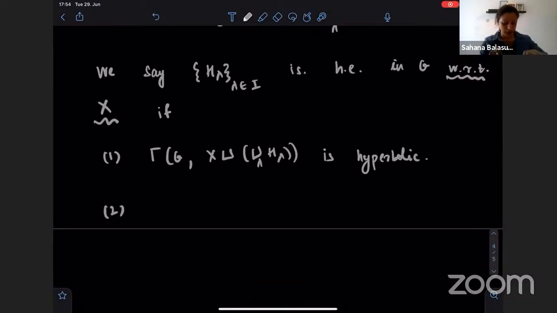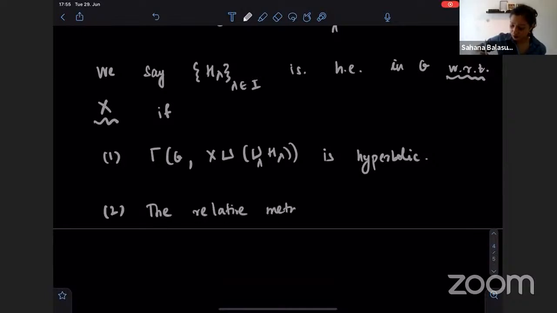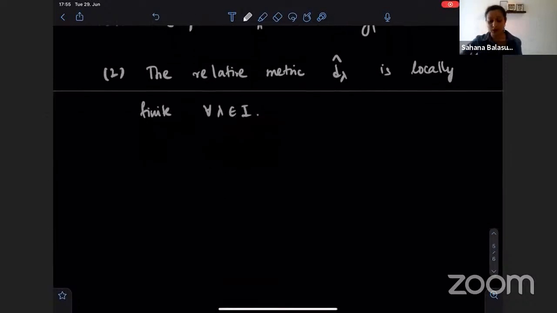But moreover, I want some sort of properness condition on my subgroups, and that was the reason for defining these relative metrics. So I request that the relative metric is locally finite for every index that I have.